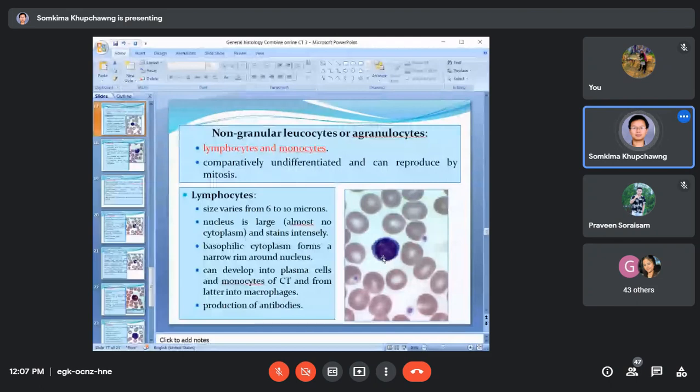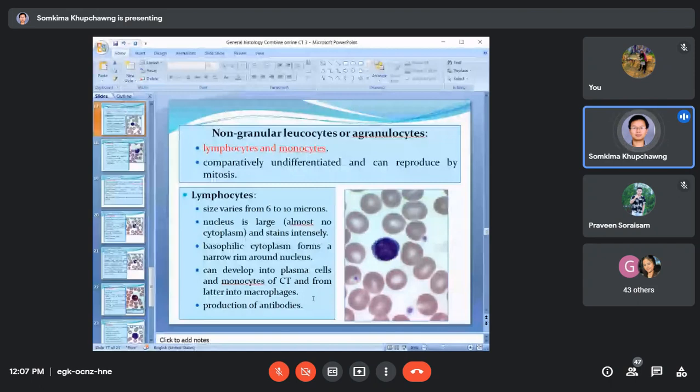Nearby we can see the RBCs. The lymphocyte is a bit larger than the RBC. Lymphocytes can develop into plasma cells and monocytes of connective tissue, later into macrophages, and are also important for the production of antibodies.